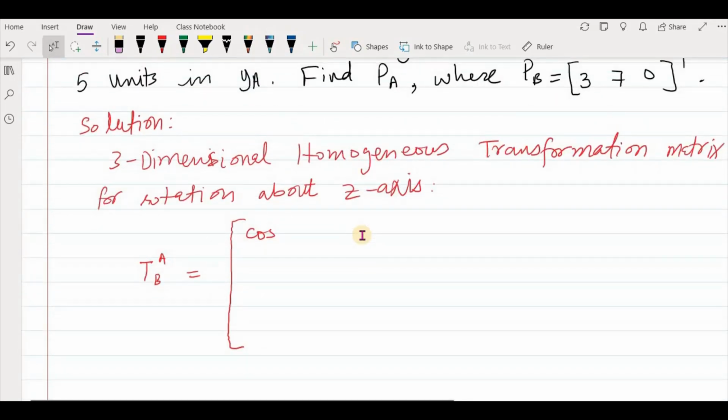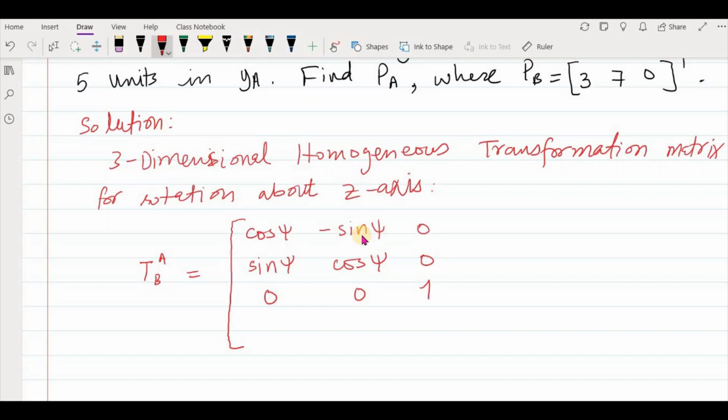So now we can write down here cosine psi, minus sine psi, and then sine psi, cosine of psi, and then because it's a three-dimensional rotation, we also have to include the zeros here, and here 1.